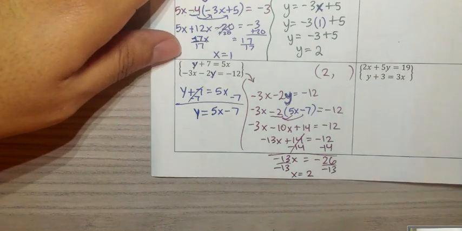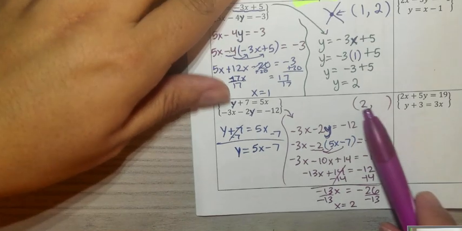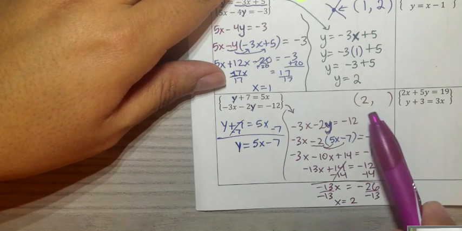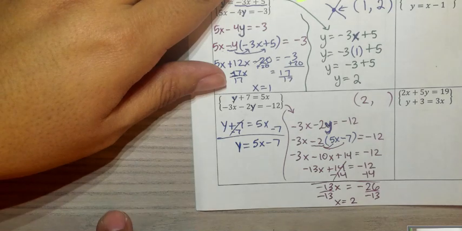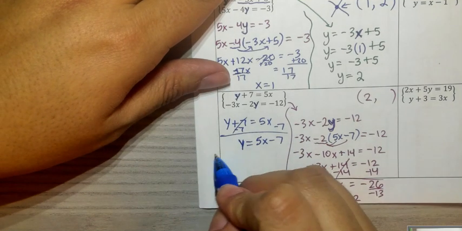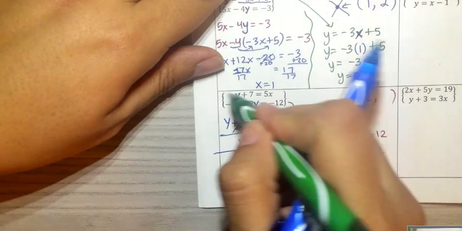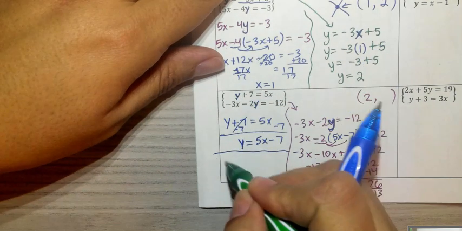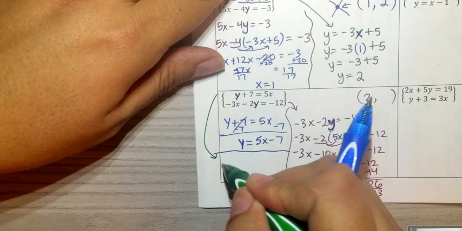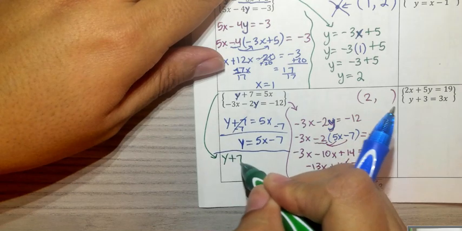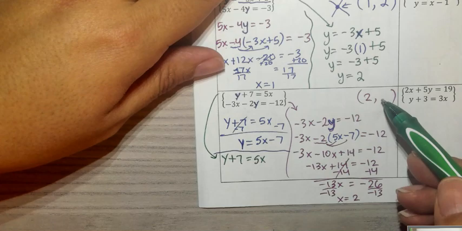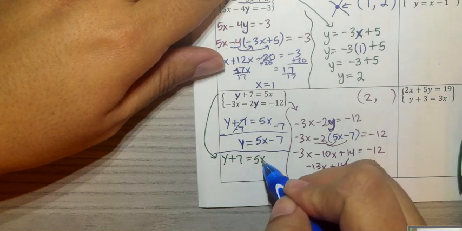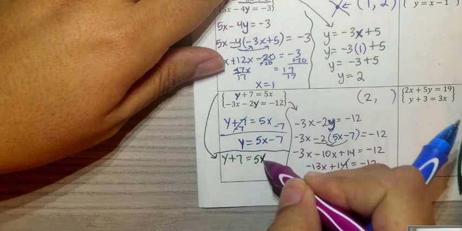Now we need to find the y. I always recommend going back to the original equations and substituting into the original equations. So I'm going to now use the top equation, y plus 7. I'm sorry, yes, y plus 7 equals 5x. And we're going to substitute the 2 that we found in for x right here.